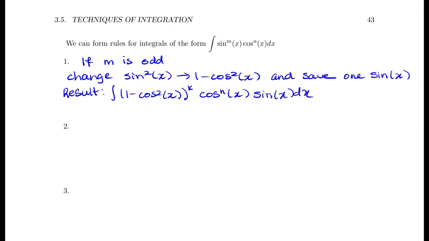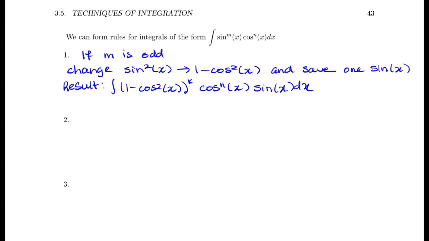Once we have this, we could go ahead and substitute u equals cos of x, and then du is negative sine of x dx. So that is for the first rule.